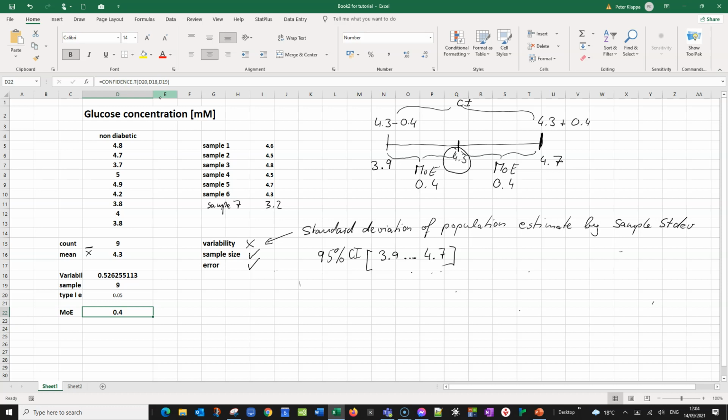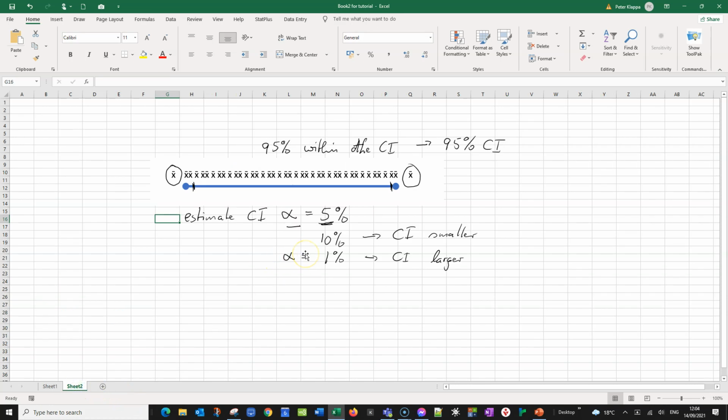So that means when we look at our confidence interval here, for our 95% confidence interval, it is 3.9 to 4.7. And we expect that 95% of all the samples that we would take are in this range, and actually our estimated population mean would be 4.3.